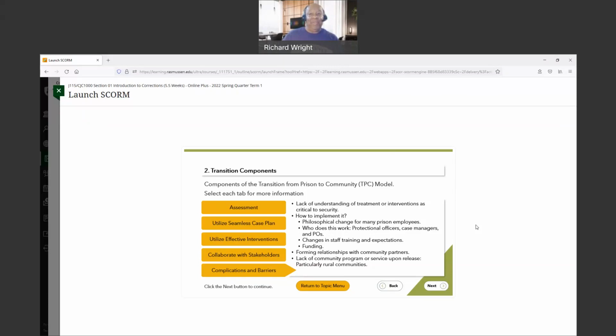Prison officials have to think in terms of counseling, providing positive advice, setting good examples. Who does this work? Correction officers, case managers, and POs, probation officers, parole officers.